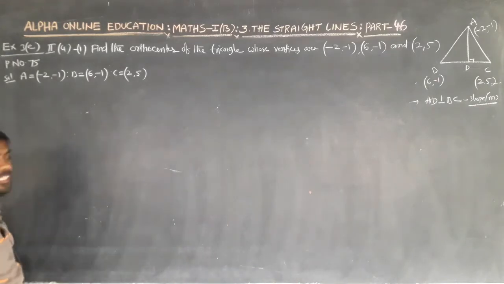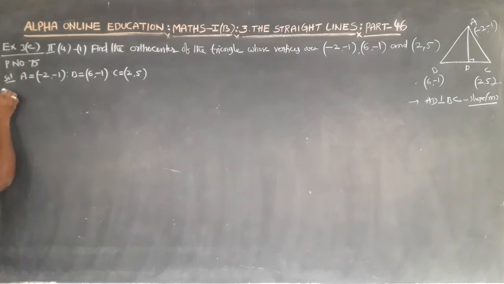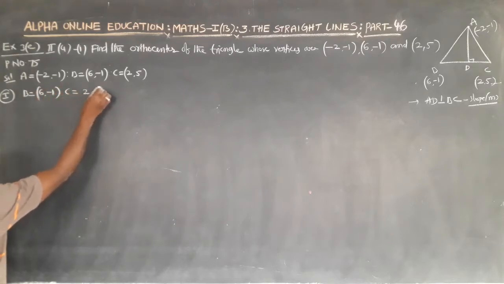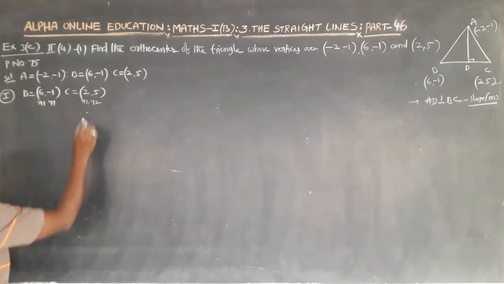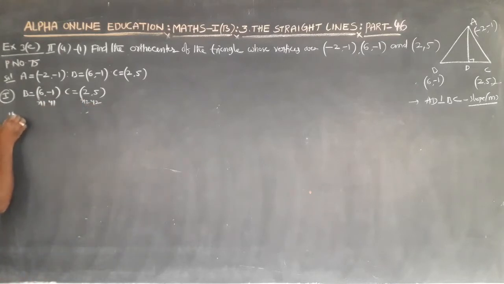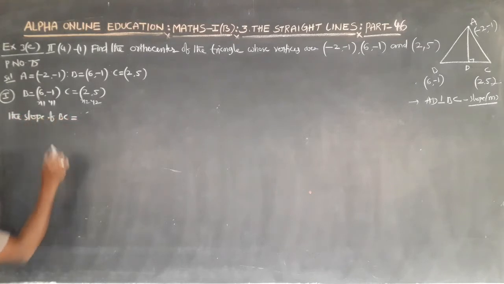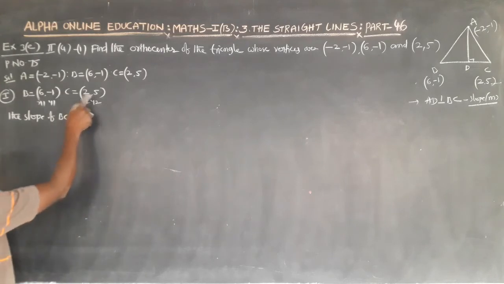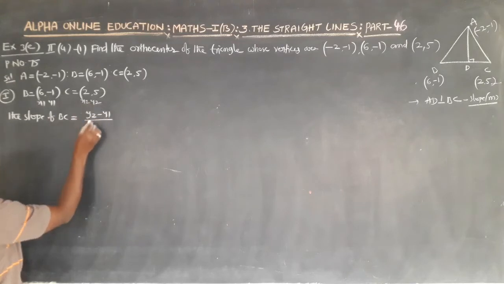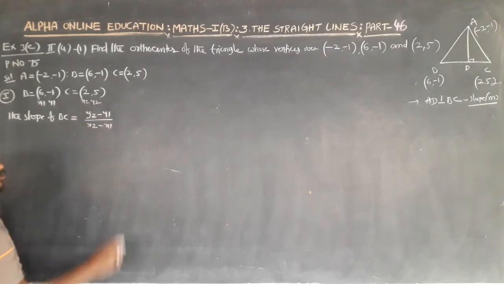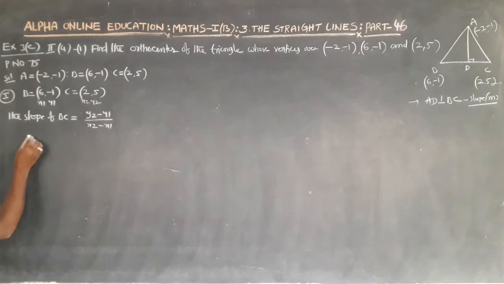Find the equation of AD. So first of all find the slope of BC. B point 6 comma minus 1, C point 2 comma 5. Let B point x1 y1, C point x2 y2. The slope of the line joining the 2 points is y2 minus y1 by x2 minus x1.